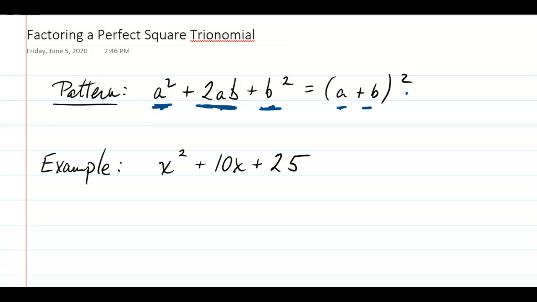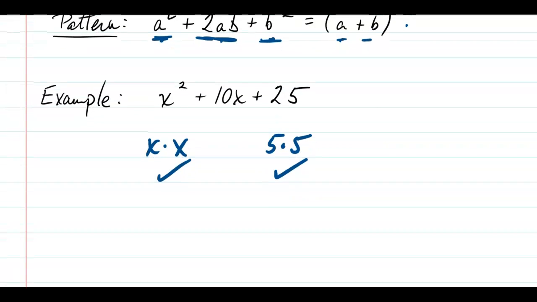So let's look at an example. We've got x squared plus 10x plus 25. Now, pretty quickly we see that x squared is x times x, so that's good. And the 5 times 5 is a 25, so that's good. In other words, what we're looking at is x squared plus 10x plus 5 squared.